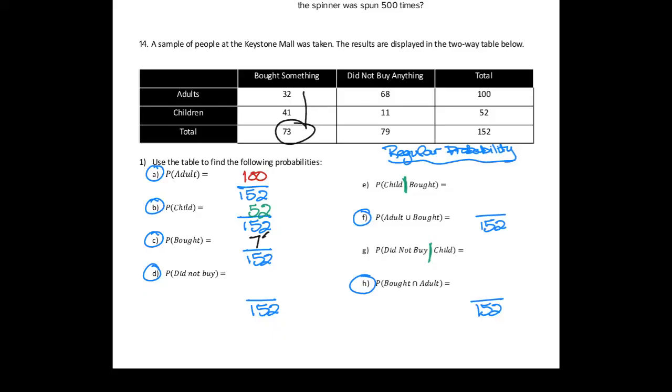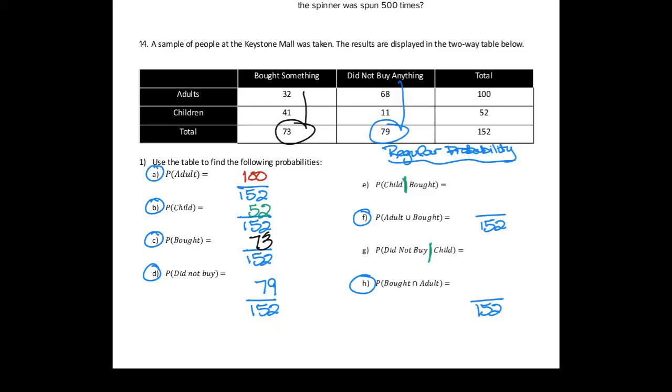You got it. And the last one, what's the probability we select someone that did not buy something? 79. Any questions about any of those?